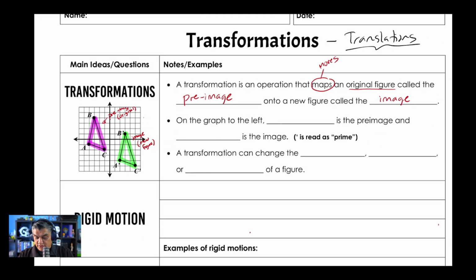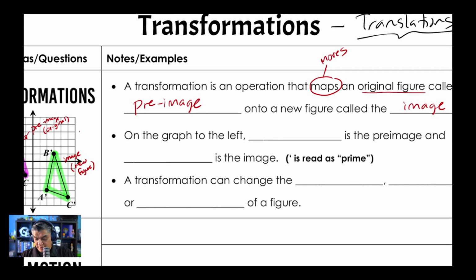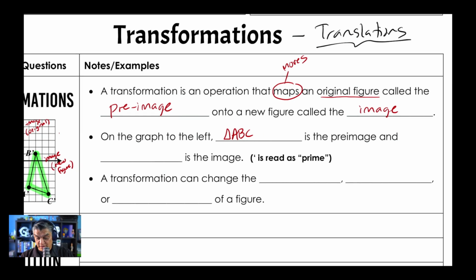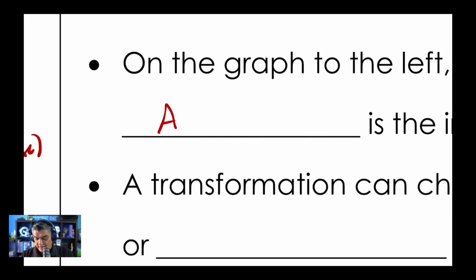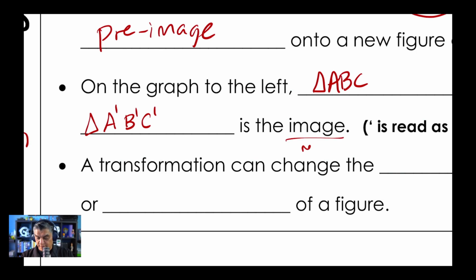I don't know if you notice, they're both labeled A, B, C, but the new figure has a little apostrophe next to the A, the B, and the C. So we say triangle ABC is the pre-image, the original one, and triangle A apostrophe, B apostrophe, C apostrophe, but we don't call it apostrophe. This isn't English class. We call that prime. Triangle A prime, B prime, C prime is the image, the new figure.